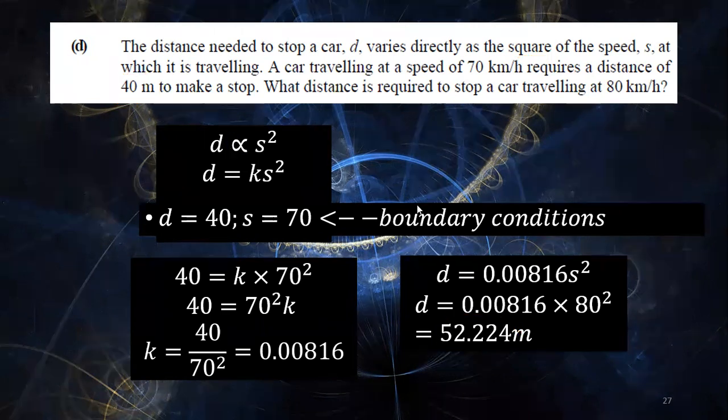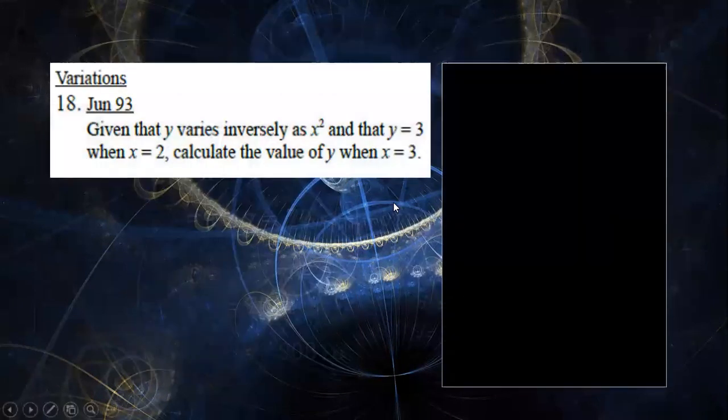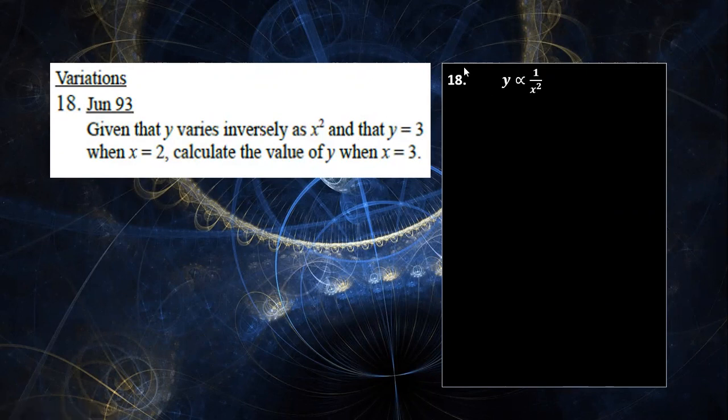All right, great. Let's continue. We're going to inverse variation, where given that y varies inversely as x squared, and that y equals 3 when x equals 2, calculate the value of y when x is equal to 3. So if y varies inversely as x squared, that's what this is.